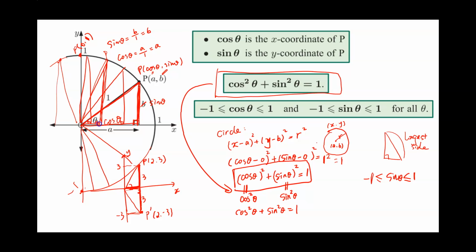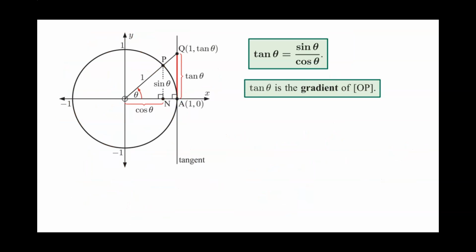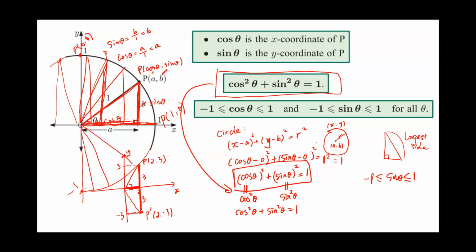It represents the x coordinate, so the largest number it could be is +1. That's when P is at (1, 0), where there's no sine theta. So cos theta also has to be below or equal to +1. But when cos theta comes to here, that's going to be −1.